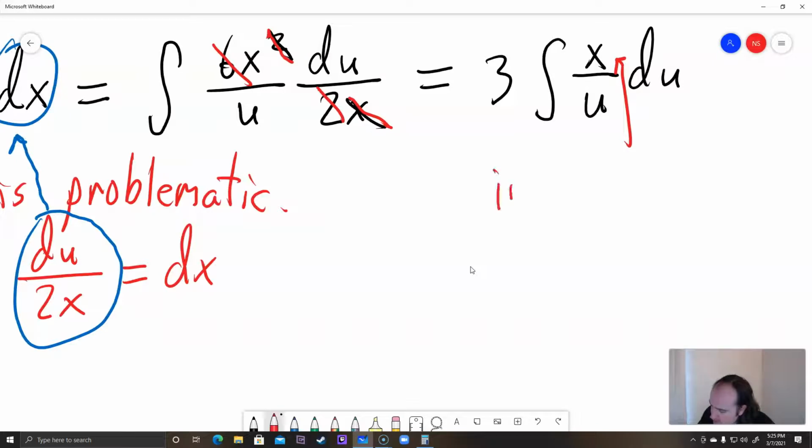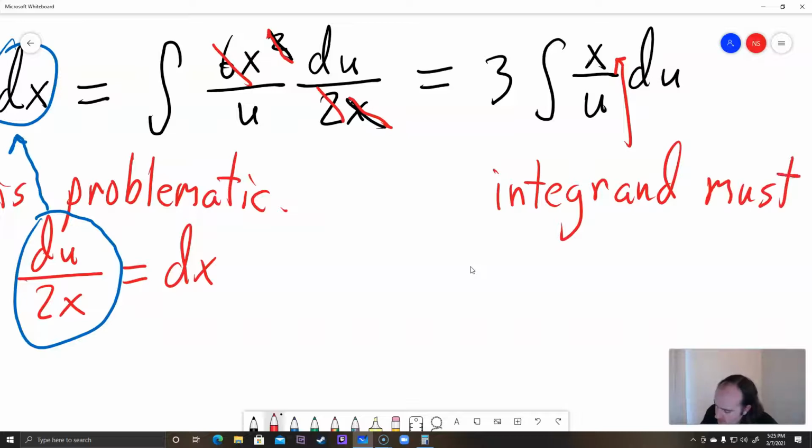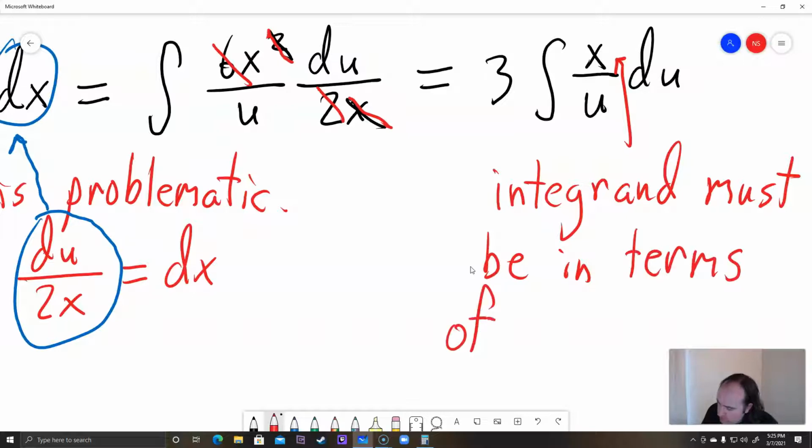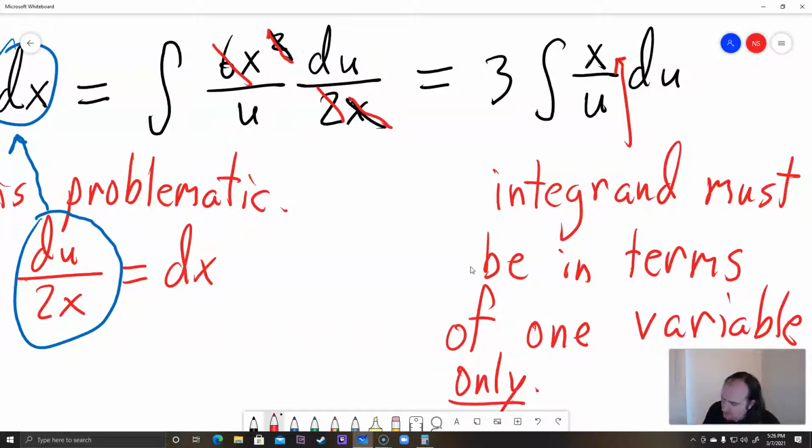So your integrand must be in terms of one variable only. So that's the problem here. It's actually in terms of two variables, x and u, so we can't do it.